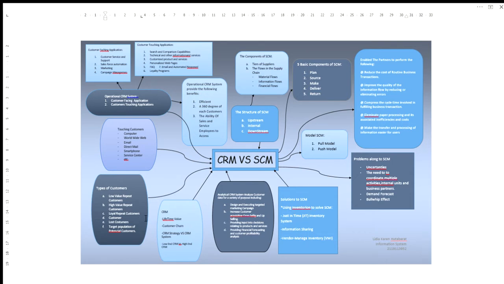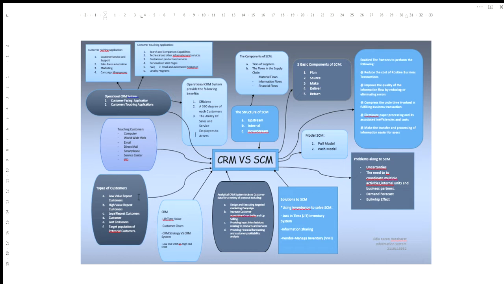Next, there are also customer types. This can be read from two points of view: from the outside to inside, or from inside to outside. From the inside point of view, low-value repeat customers are the deepest level.